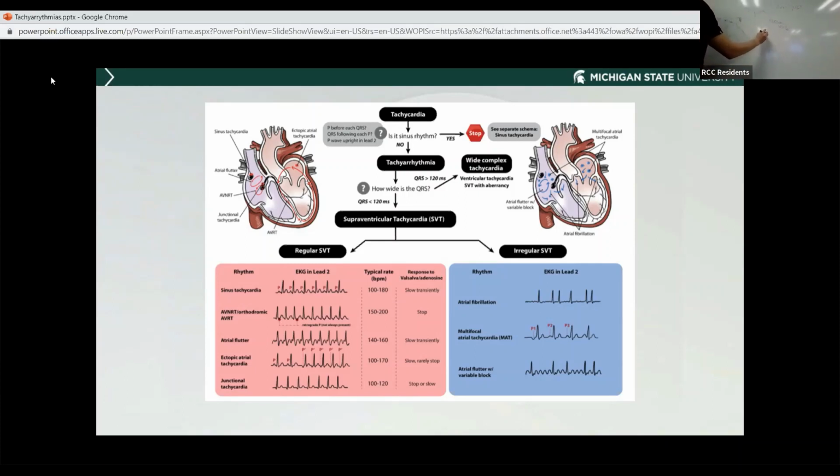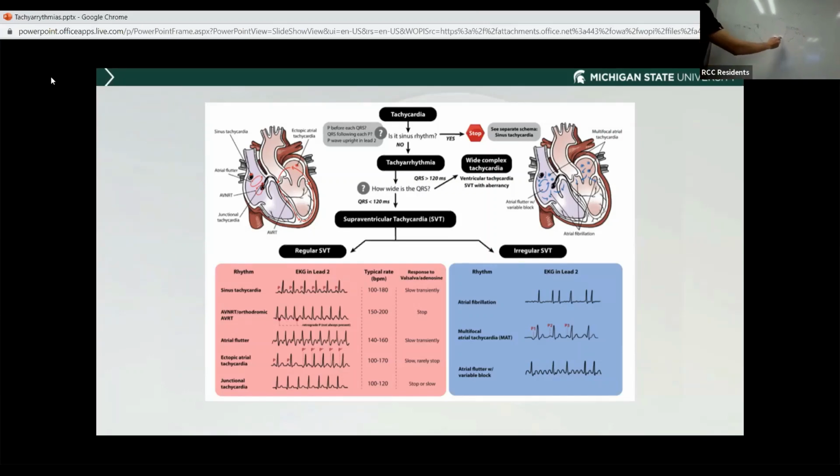So you will have a very short PR or no PR interval, and then initiation of a ventricular response. By the time you reach here, the AV node has already conducted and they meet here.